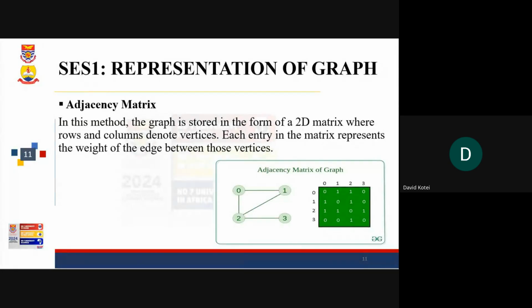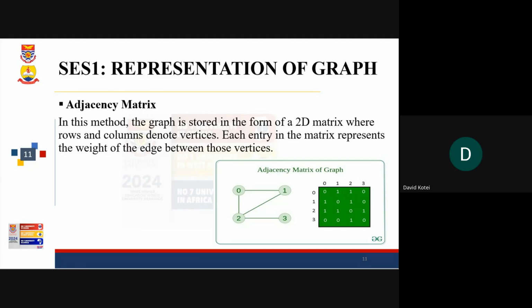Wherever there's a link, you use 1, and use 0 to indicate there's no link. We have only one 0 here, and it is not linked to any other 0. Therefore, on the matrix, 0 and 0 gives you 0.